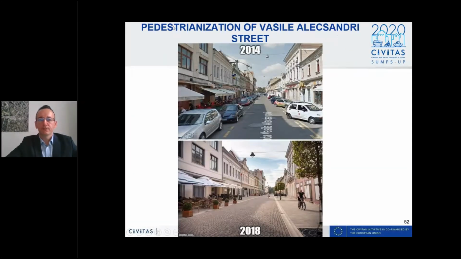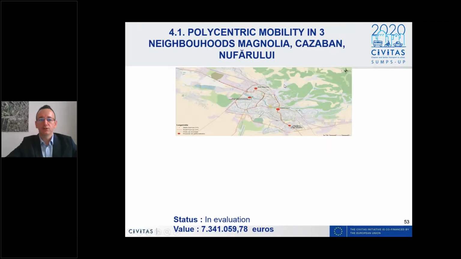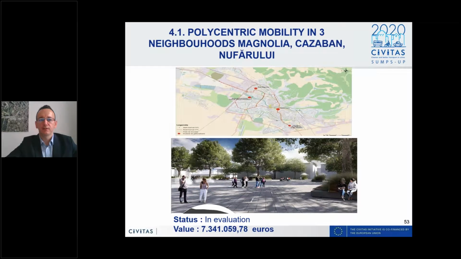Another measure or project was related to the pedestrianization of Vasile Alexandrii Street. You have some images that were taken before and after. But we also focused on developing pedestrian areas in the most densified neighborhoods of the city.